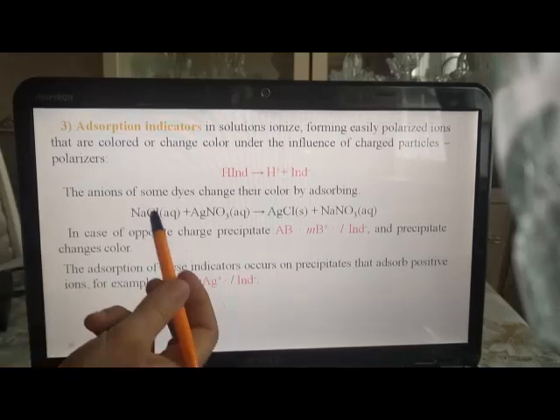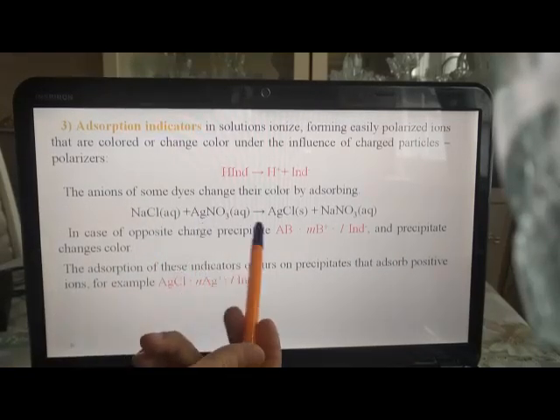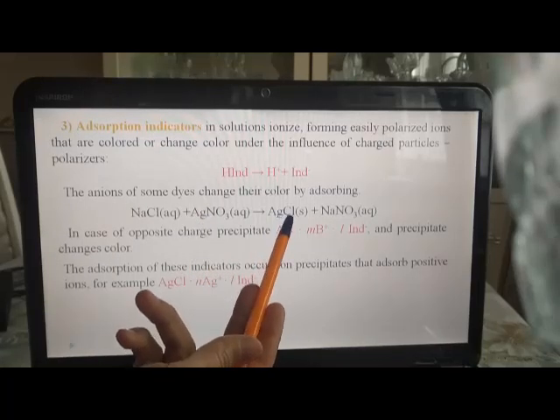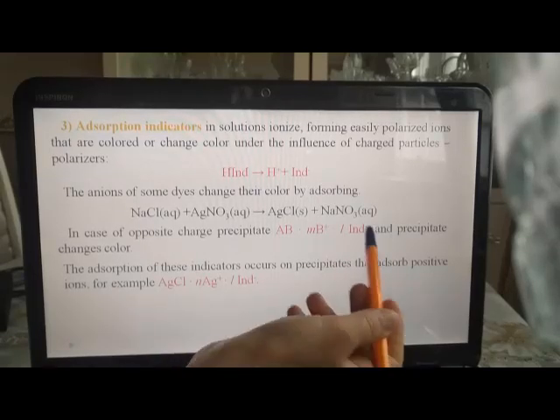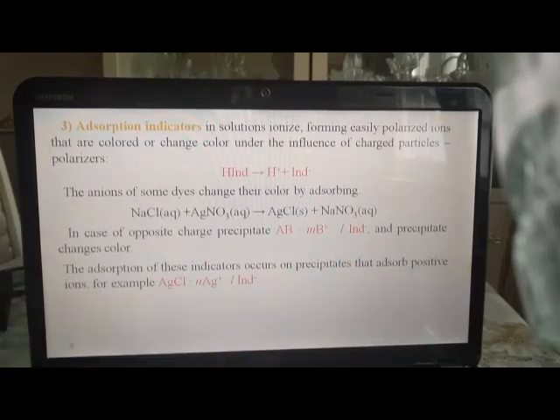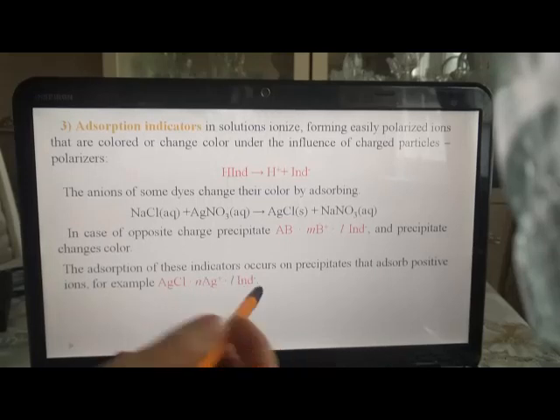For example, in the determination of sodium chloride with a titrant solution of silver nitrate, solid silver chloride is formed. In the case of opposite charge, the precipitate changes color. The adsorption of the indicators occurs on precipitates that adsorb positive ions. For example, silver chloride forms positive ions.